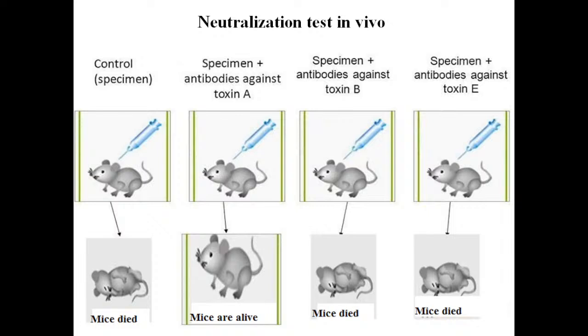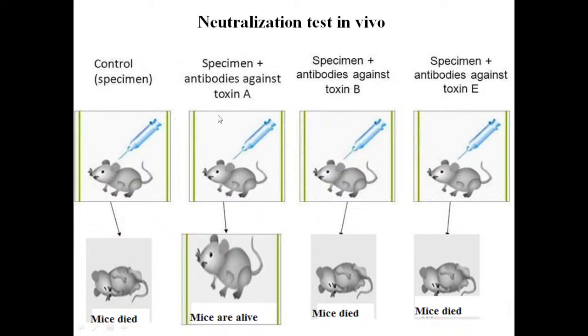In the second group of mice, we should inject a mixture of specimen with antibodies against toxin A. It is an example of botulism. You remember this disease, botulism. There are some strains of Clostridium botulinum that produce toxins. These strains are called A, B, E. These are the most dangerous.